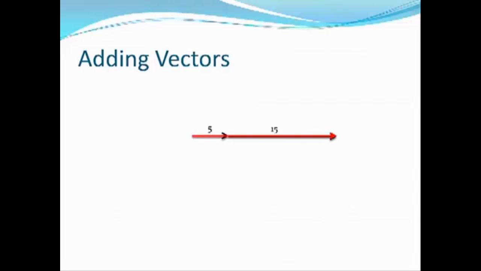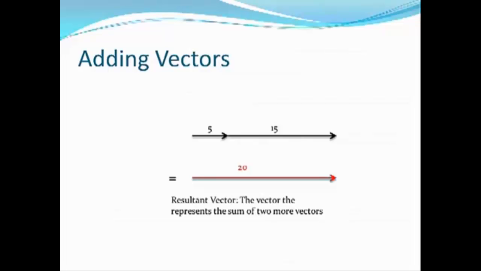Now, to make it easier to see, we can move that one down. And we know that 5 to the right plus 15 to the right equals 20 to the right. That vector, 20 to the right, is known as the resultant vector. The resultant vector is the vector that represents the sum of two or more vectors.